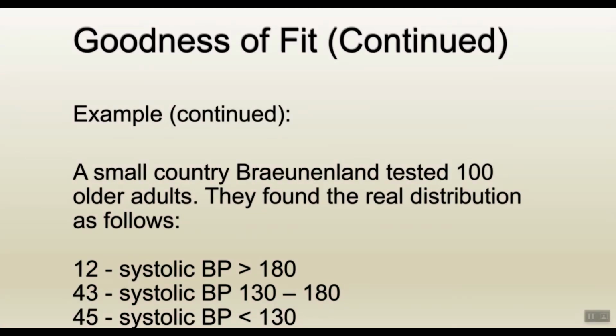A small country called Brandonland will test 100 older adults. Now they found the real distribution as follows. 12 people have blood pressure greater than 180, 43 have blood pressure within 130 to 180, and 45 have a normal blood pressure.